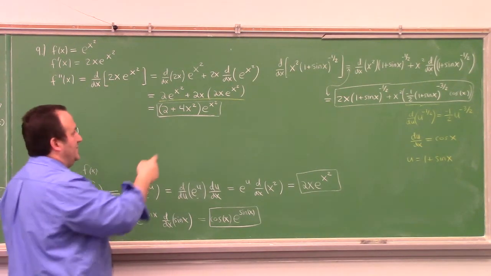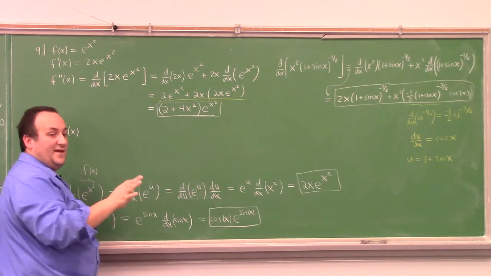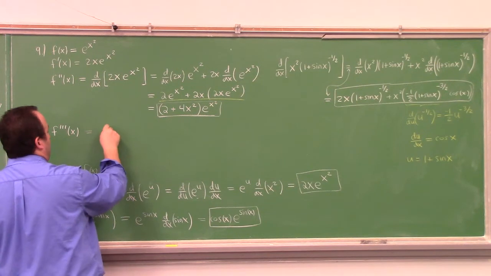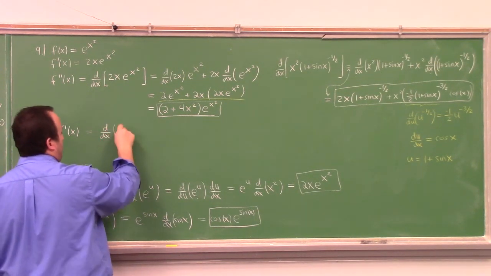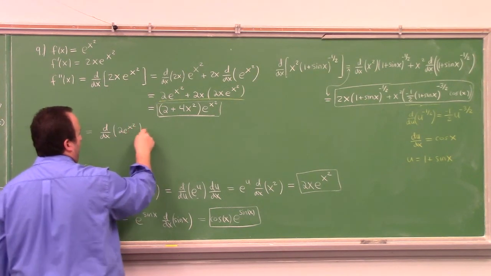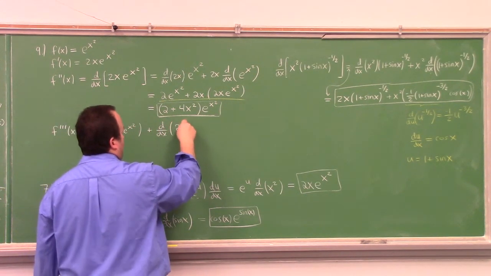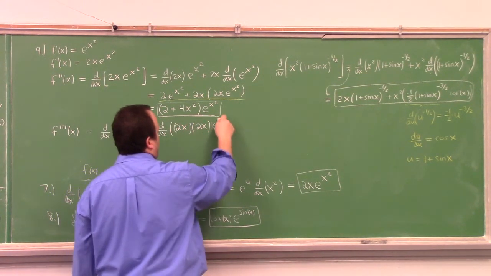And if you really don't simplify it at all, check this out. I'll chase that rabbit here. You'd have d dx of 2e to the x squared, right? Plus d dx of what? 2x times 2x times e to the x squared.